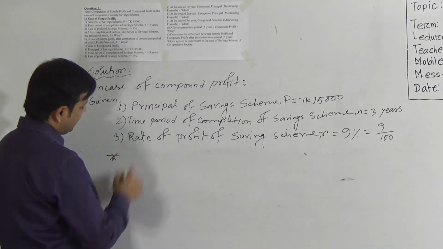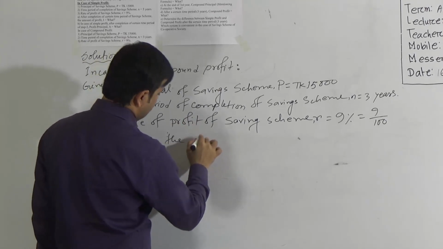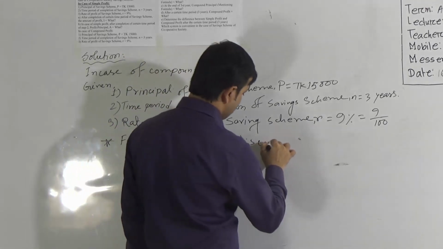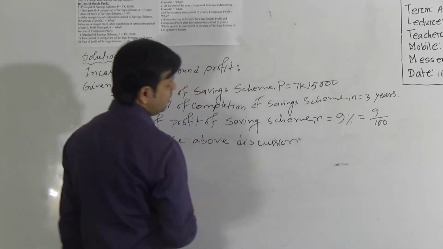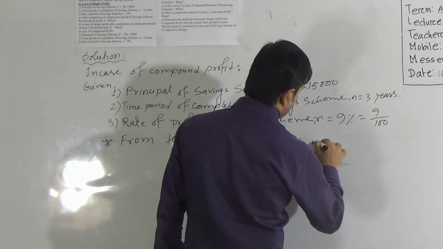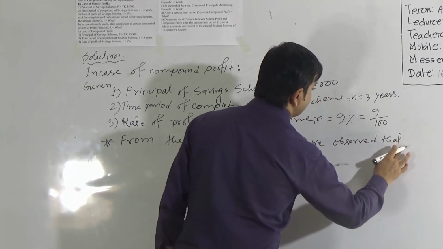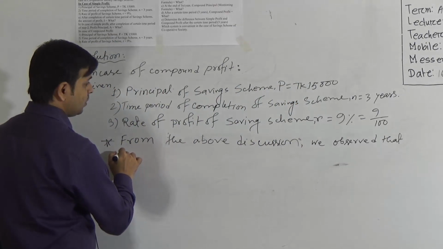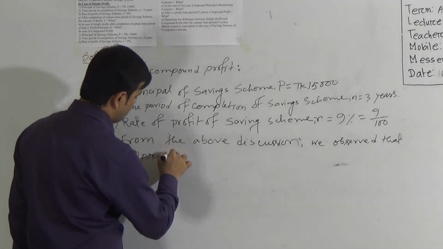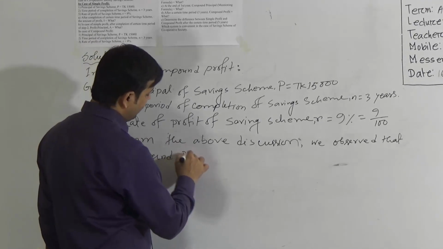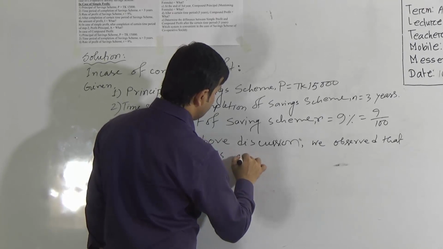So the last question we can write this way: from the above discussion, we observed that compound profit is convenient.